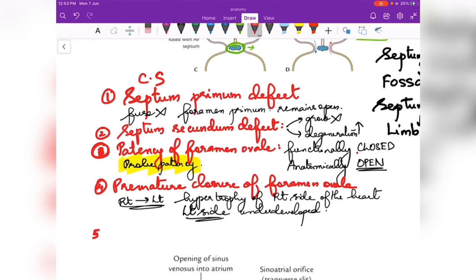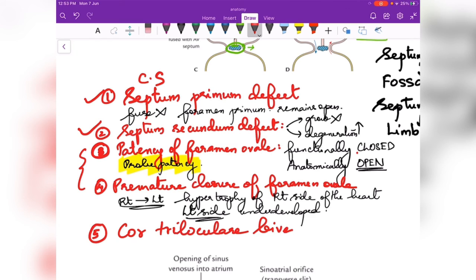Now the fifth condition. We discussed two conditions related to the septum primum and septum secundum, and two related to the foramen ovale. The fifth one is cor triloculare biventriculare.